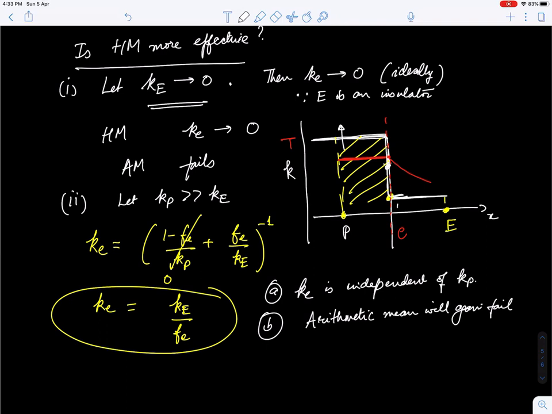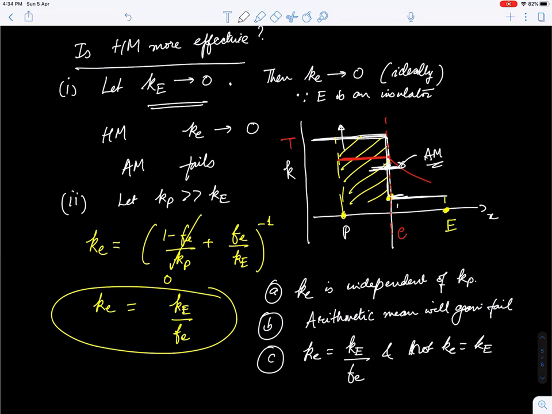The arithmetic mean says it is the average of these two values, somewhere here, and that's again not correct. Now the third and more interesting part is that we say Ke is KE by Fe, and not that Ke is equal to KE.